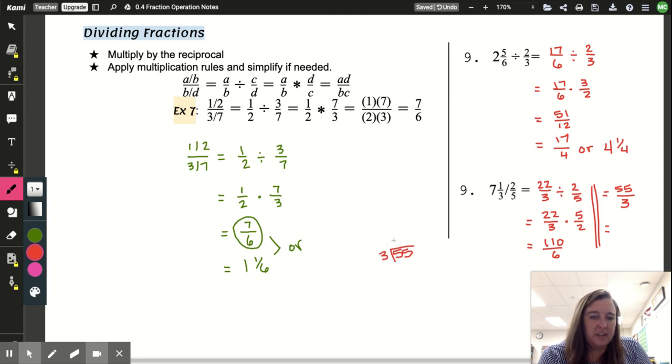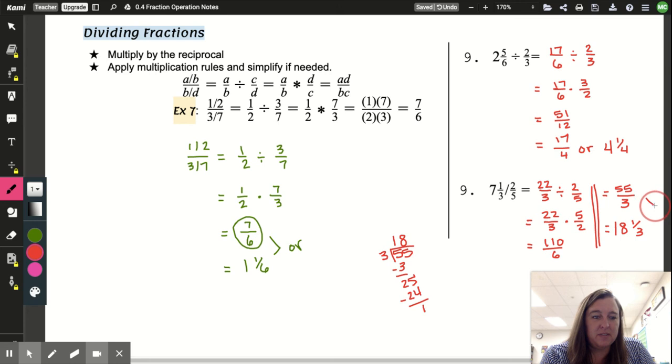So 3 will go into 5 one time, and then I multiply, that makes a 3, and then subtract, and then I bring down the 5. 3 will go into 25 8 times. 3 times 8 is 24, and then subtract. So it goes in 18 times with 1 left over. So that means this would be 18, and then 1/3, 18 and 1/3.